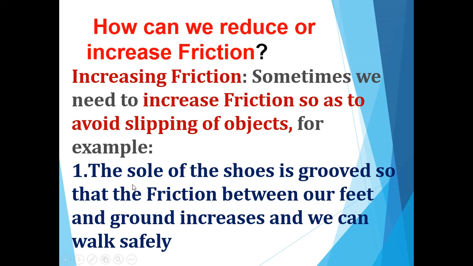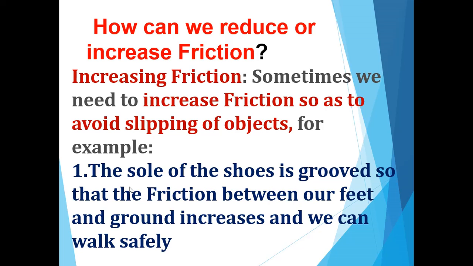Okay. Now the first example is the sole of the shoes. Sole of the shoes means the downward part of the shoes. If you look at the below part of the shoes, not the upper part, it is grooved.